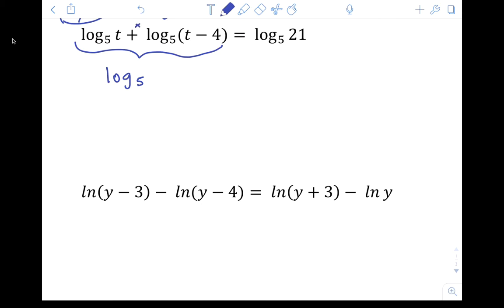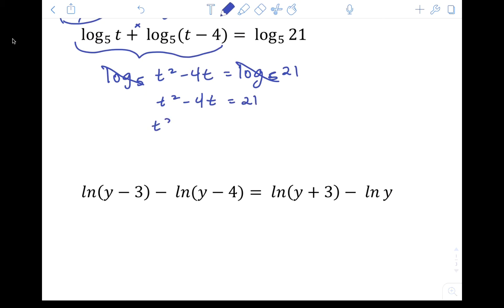Remember, you're multiplying whenever you condense through addition. So that is log base 5 of t squared minus 4t equals log base 5 of 21. So now that the logs are on each side, and there's just one log and one log, I can drop them. So what I really have to work with is t squared minus 4t equals 21.